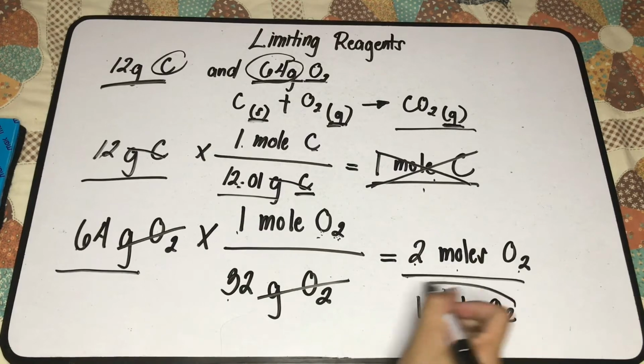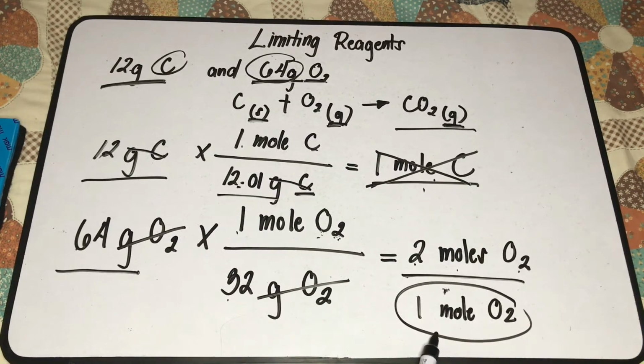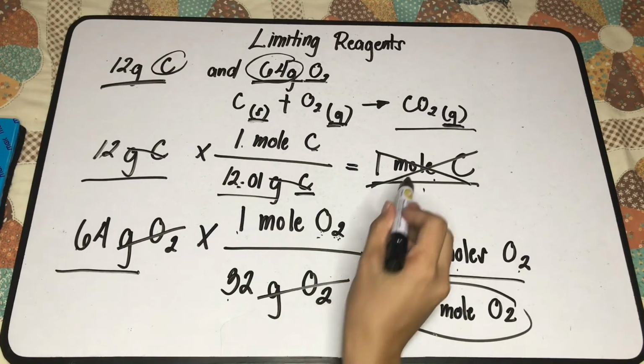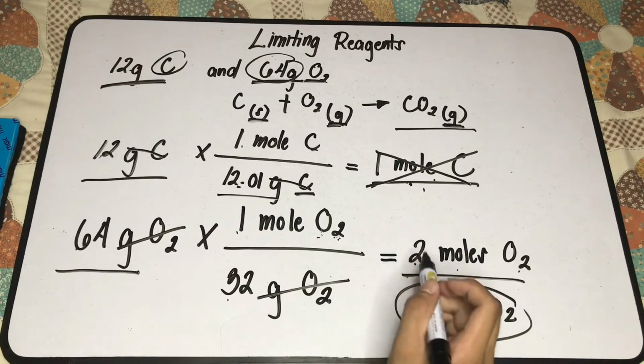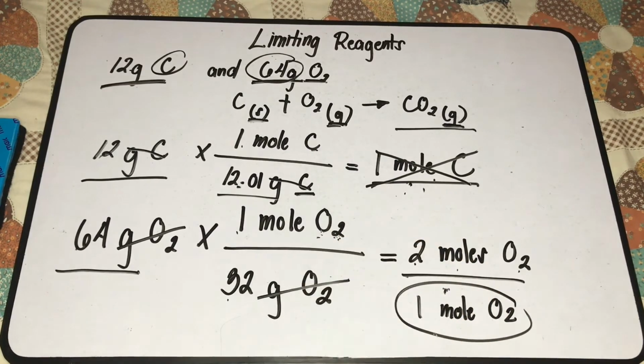So, yung sobra, ito yung tinatawag natin na excess sa reactants, excess. Ito naman, yung unang mauubos sa chemical equation, yun yung tinatawag natin na limiting reagent. So, ang limiting reagent natin dito sa equation na to is ang carbon. Kasi yun yung unang naubos. Well, our excess is our oxygen gas.